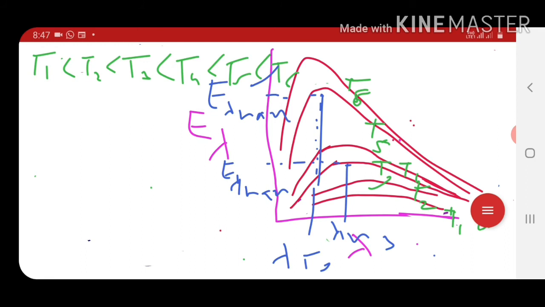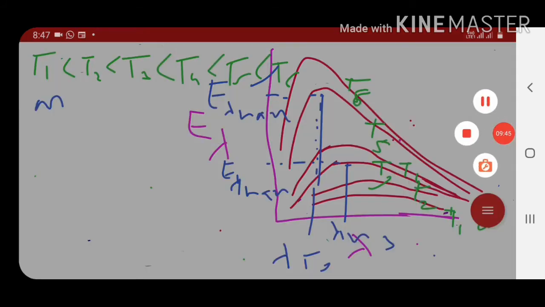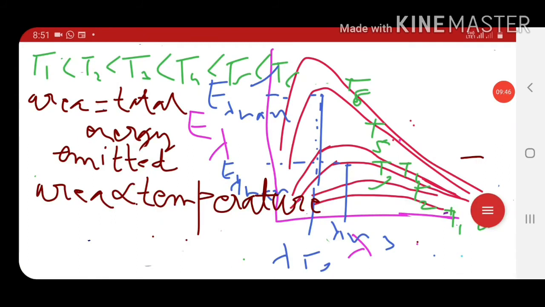The area under the curve of a particular temperature gives the total energy emitted by the black body per unit area per second for the complete spectrum, that is, corresponding to all the wavelengths at that particular temperature. Similarly, the area under the curve increases with increase of temperature, and it is found that the area is proportional to the fourth power of the absolute temperature.